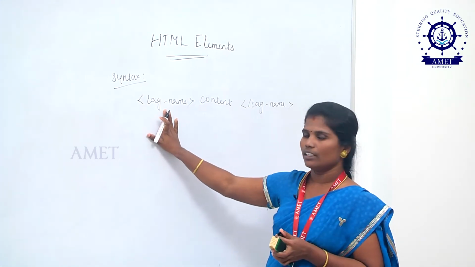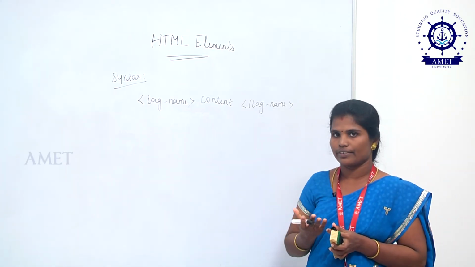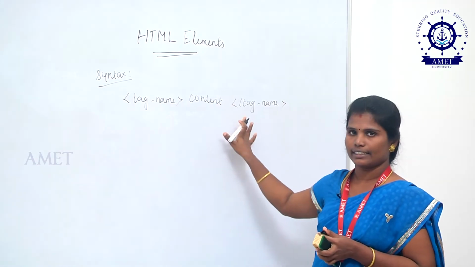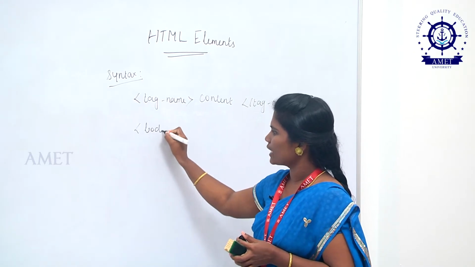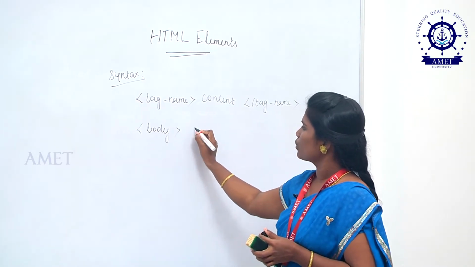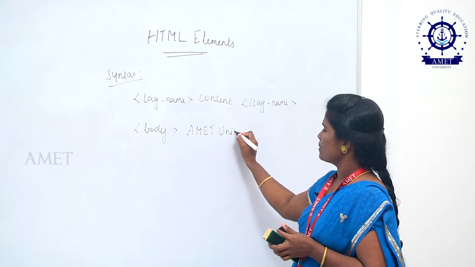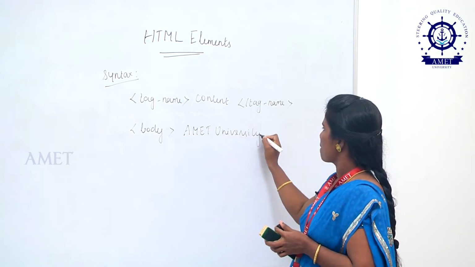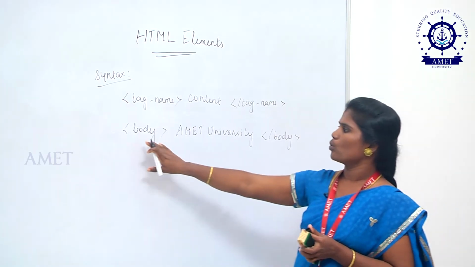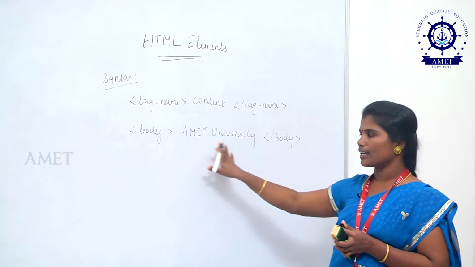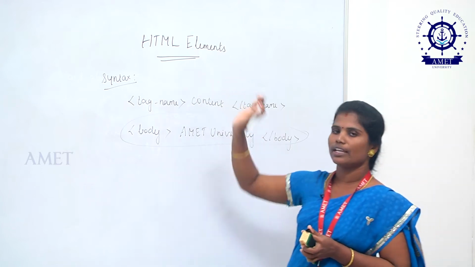You must start with the open tag, then the content, whatever you are going to present inside the web page, then you must close the tag if it is there. For example, I am going to use the body tag, then you can give the content, I am just giving I am at university, then the close tag is body. So open tag, its content and also its close tag. The entire structure is known as an HTML element.